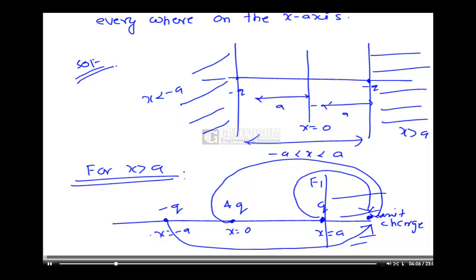That is F1, F2, F3. So we have three forces. If we calculate the forces on the unit charge because of the three charges, that is nothing but the electric field intensity, because I am placing a unit charge there. Wherever you want the electric field intensity, just keep a unit charge and calculate the force on that unit charge because of the remaining charges. So the total electric field intensity is F1 plus F2 plus F3.